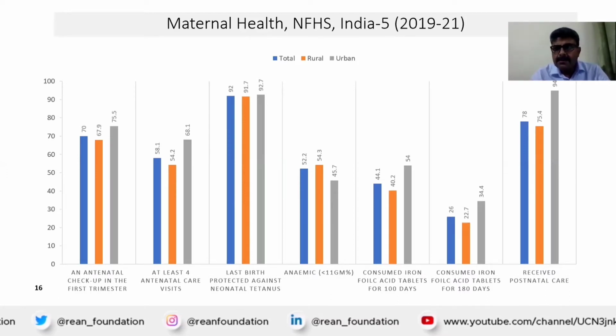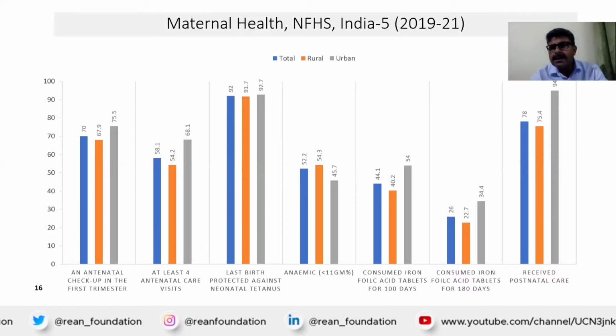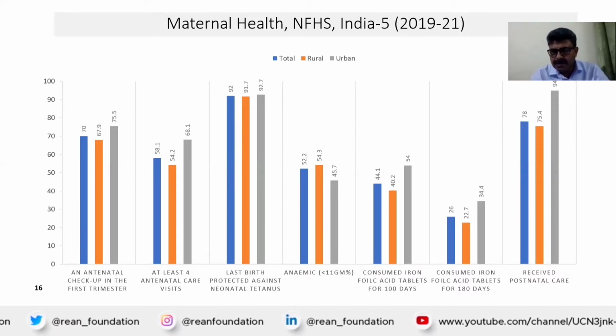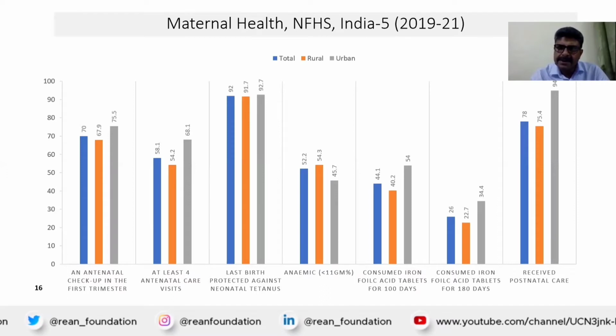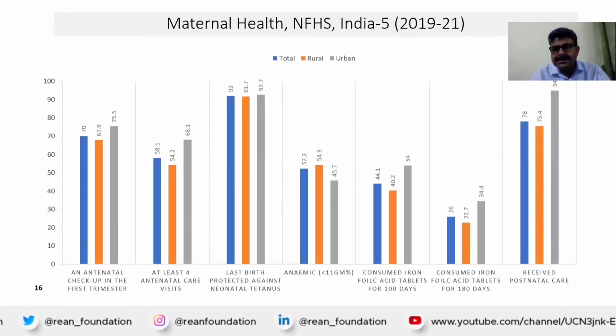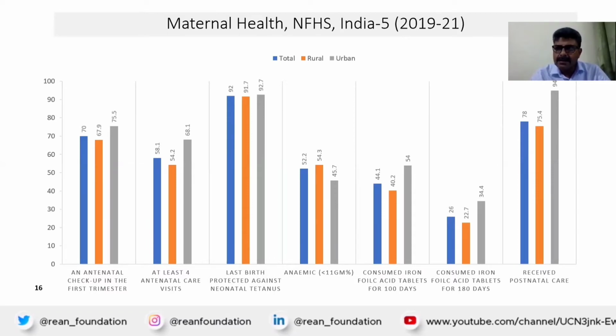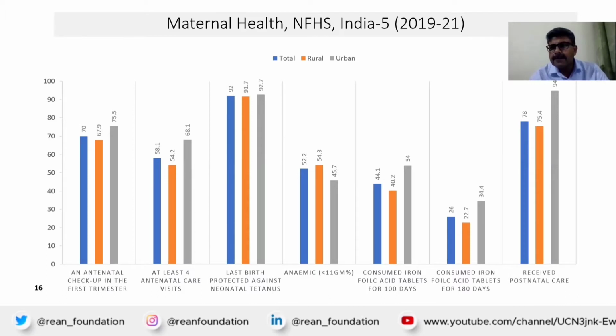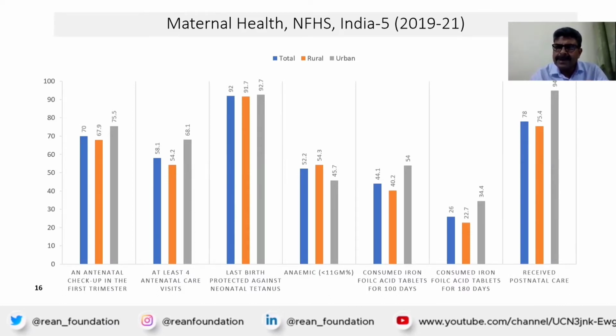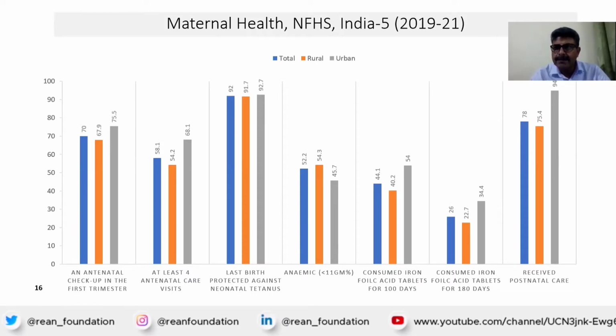And then, of course, ma'am also told that anemia is one of the major causes of maternal death. Similarly in India also, we see severely anemic pregnant females coming in the rural area, that is less than 7 gram %. About 10 to 13% of our pregnant females in India, especially rural India, are severely anemic.